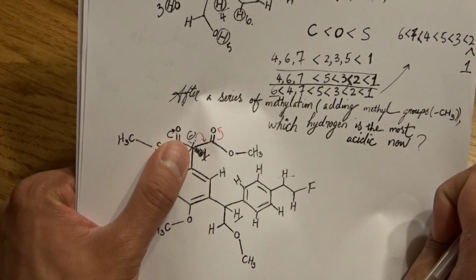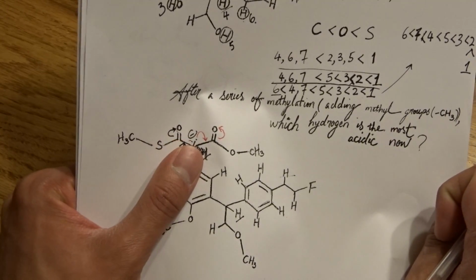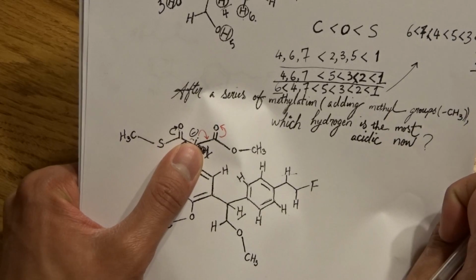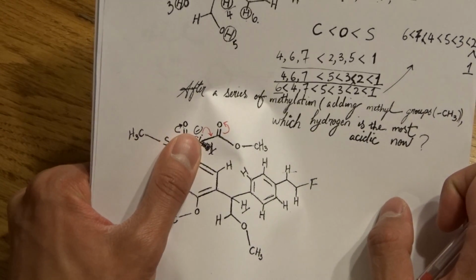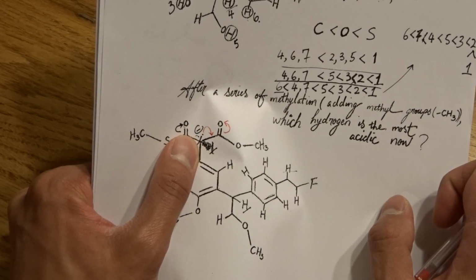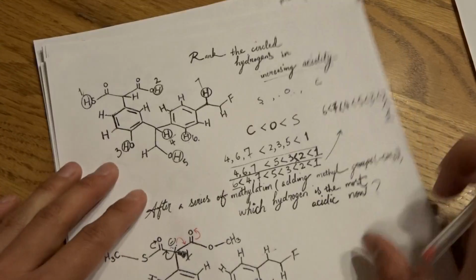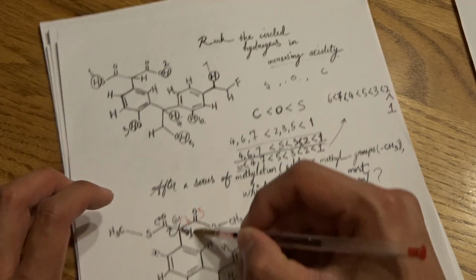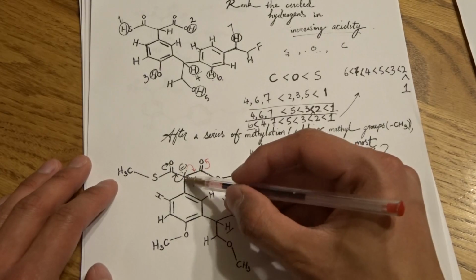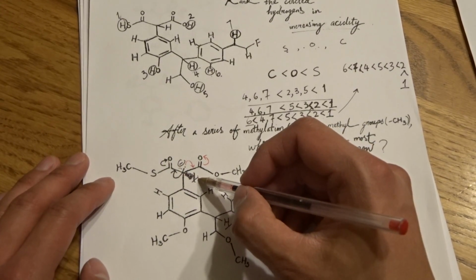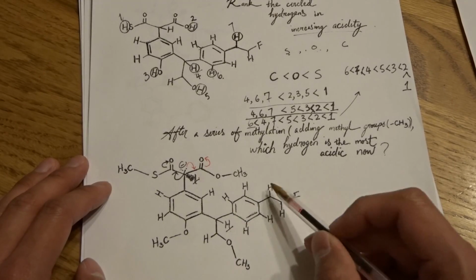But yes, the negative charge is able to resonate up to 2 potential electronegative oxygen atoms. That makes the base even more stable. So I would say that this hydrogen that was here a few minutes ago before I crossed it out is the most acidic compared to this and this.